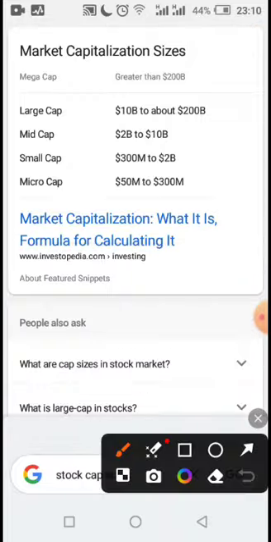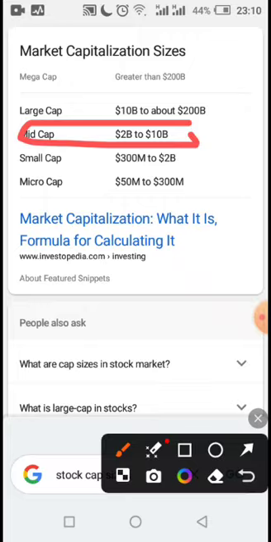But a mistake I made for the mid cap stocks, you can actually even trade them when there are economic times which are a bit harsh in many countries, including the developed countries.